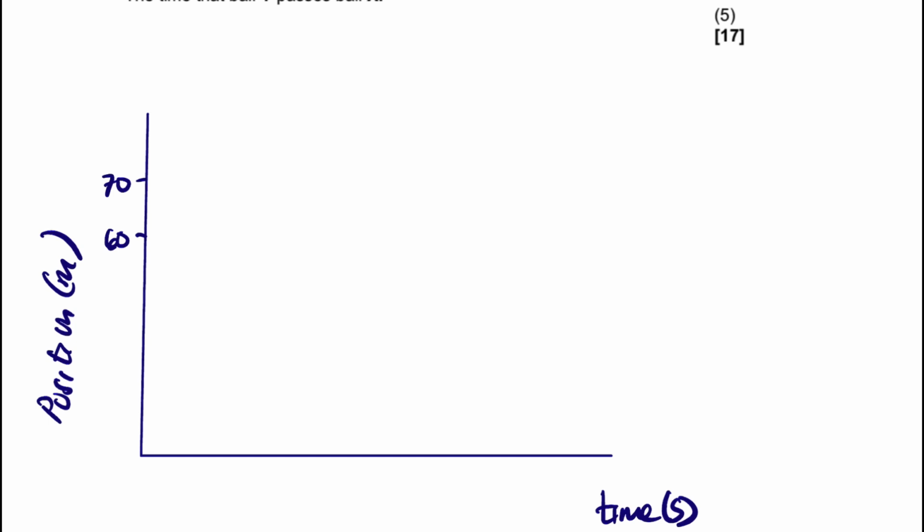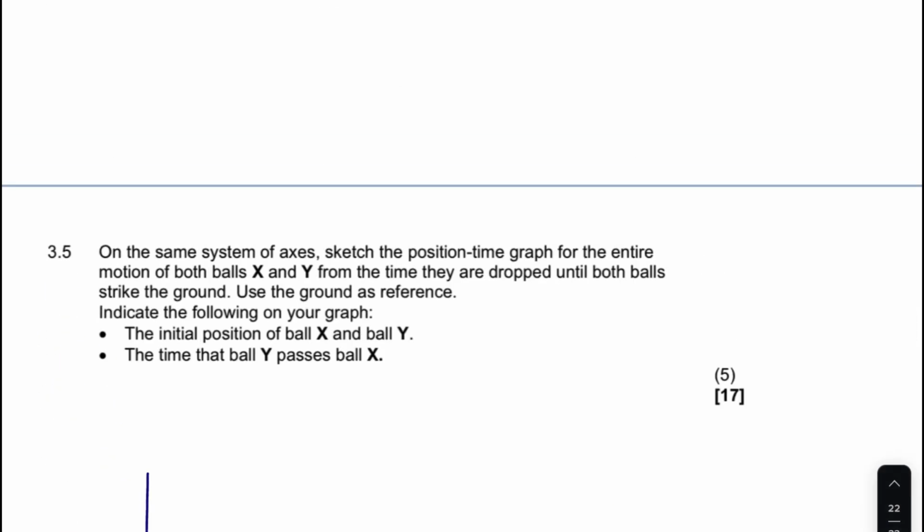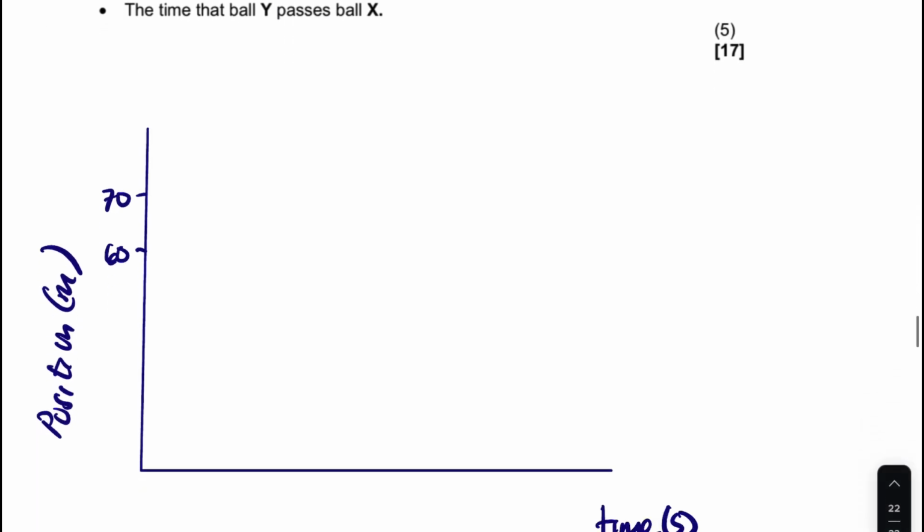Basically, when something is dropped, the position versus time graph for 60 is going to take a curve like that, but that's where they meet. So we need to be careful when it comes to that.